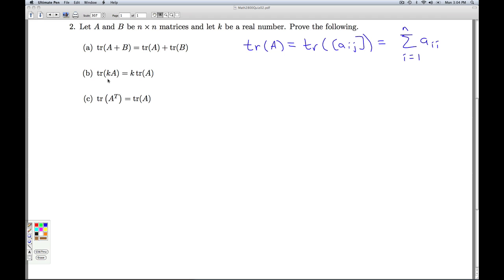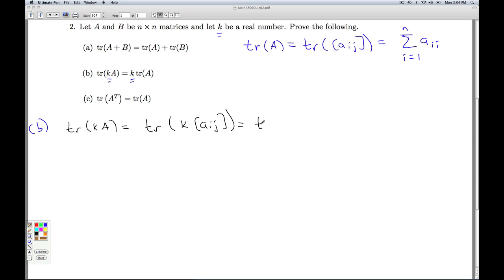In B now, we're asked to show that the trace of k times A, where k is a scalar, is the same as k times the trace of A. So this is for all real numbers k. How do we begin? We start off with the trace of k times A. That's the trace of k times the matrix a_ij.